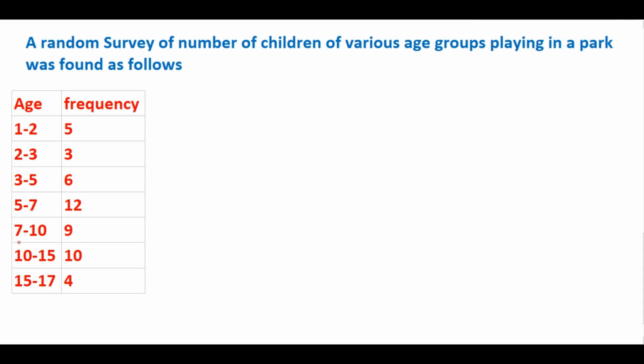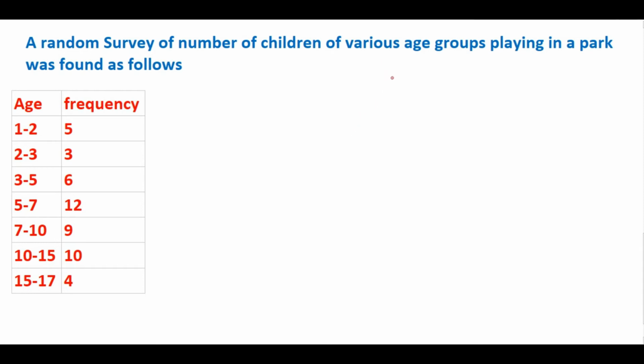So how will you draw the histogram for such data? You need to make 2 more columns. One for the size of the class or width of the class, and the second one for the adjusted frequency, or the length of the rectangle when the class intervals are not the same.